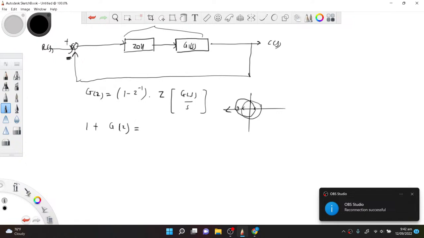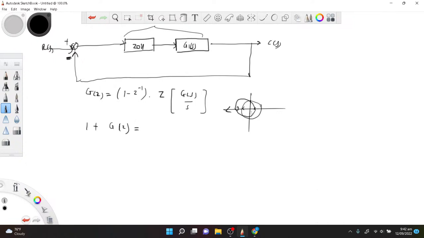Now, what is the function of the compensator? We want to design, or let's say we want to improve on this design to have some specifications. So let's take a question.